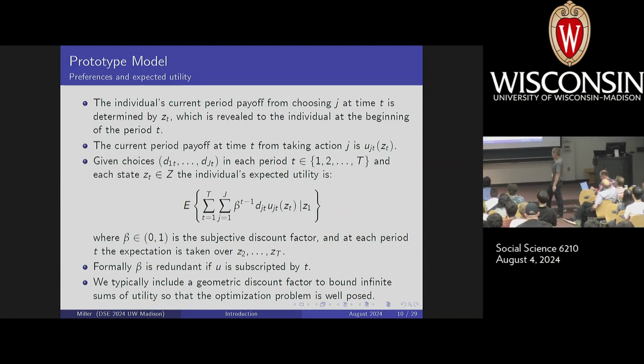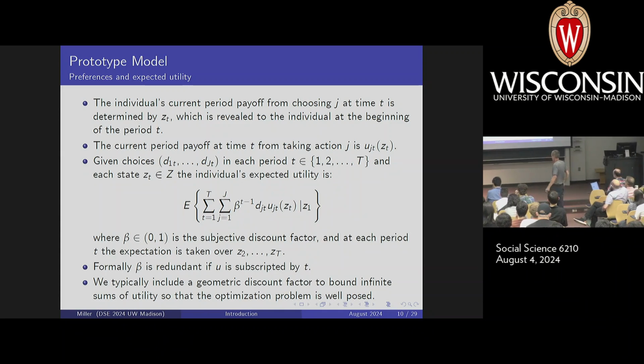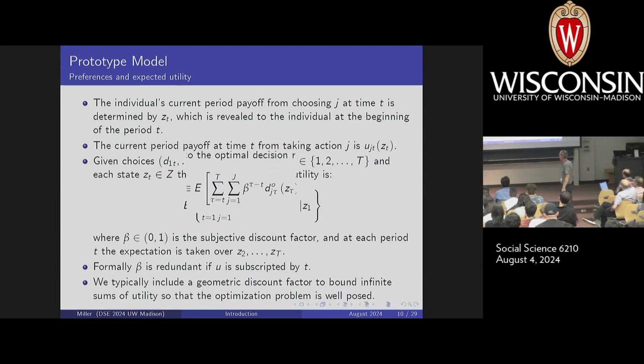That beta really is redundant if U is time dependent, but we usually put it in there just to make sure that everything's nice and bounded, and that's the way you want things to be in expectation, bounded so that you can talk about a maximum. Okay.